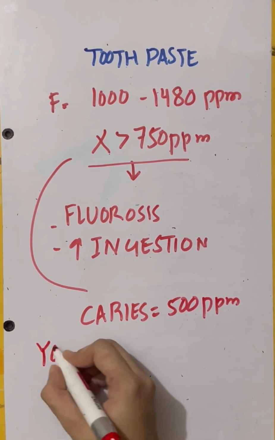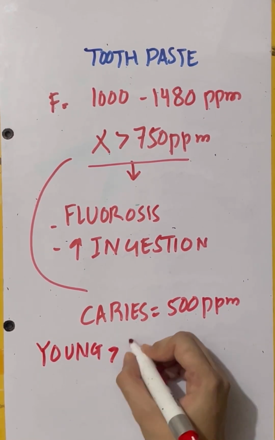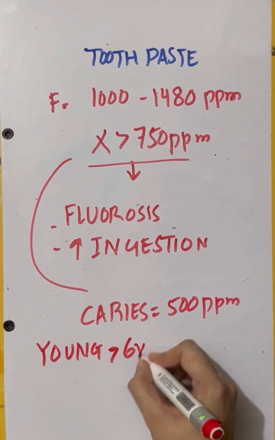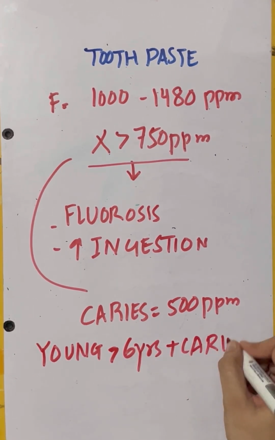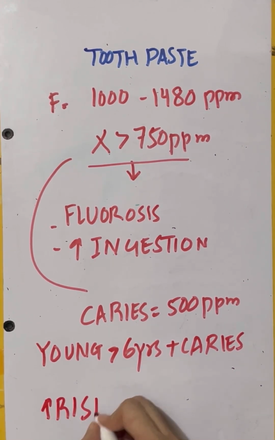If a child is young, less than 6 years, but has caries, and if a child is at high risk of caries, there are two types of children. One, a child less than 6 years but with caries, and two, a child less than 6 years but at high risk of caries.